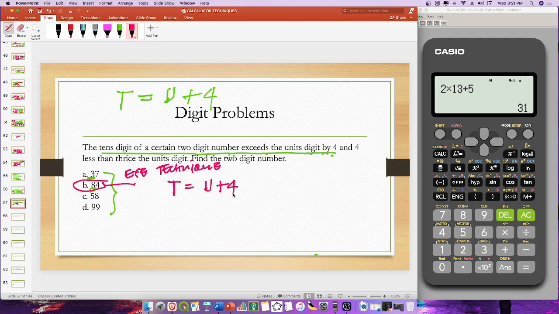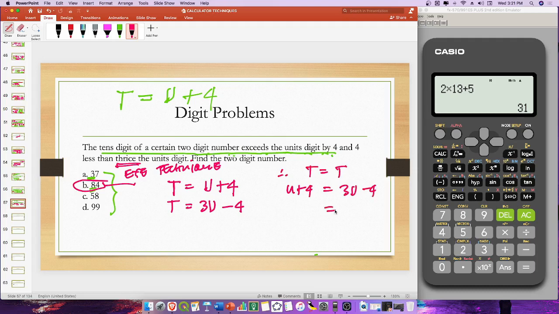And t is equal to 4 less than 3 times the unit digit. Sorry for that. Then t is equal to t, so write down the equation for t, and this will be another equation for t.